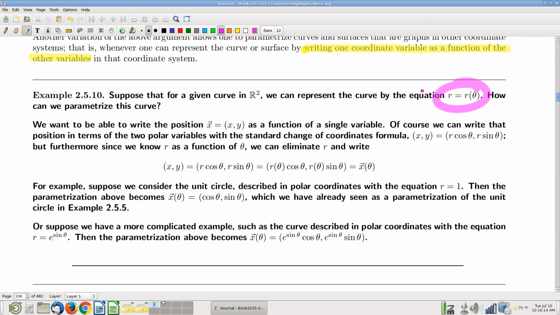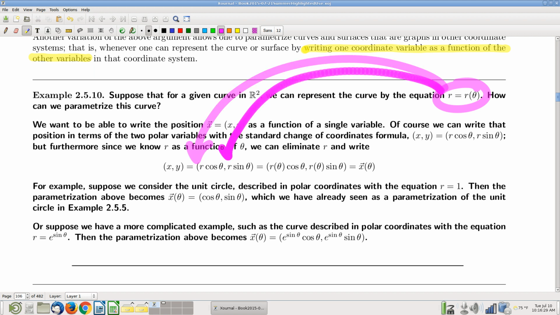Now, I guess you could say it's a polar graph, but if we don't think of it as a graph because it fails the vertical line test, or it certainly could fail the vertical line test. But if R is a function of theta, notice you can just take that and plug it in to your plain old regular polar coordinates formulas. X is R cosine theta, Y is R sine theta. And what comes out gives you position as a function of one variable.